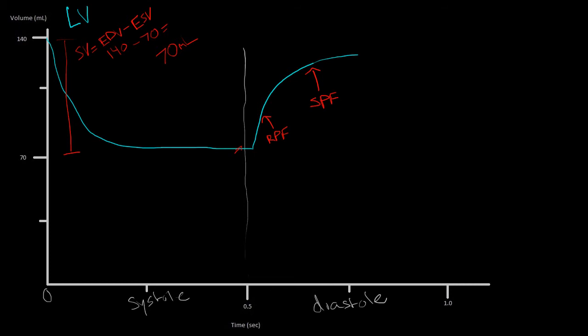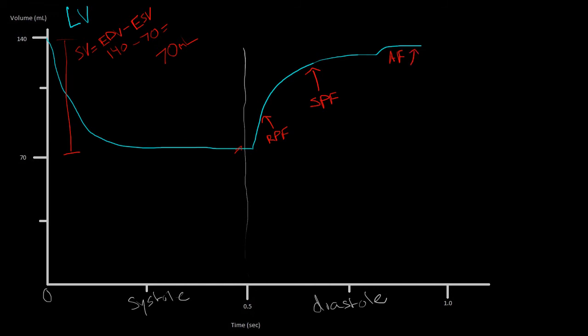And then as we move forward, we finally get the atrial contraction that really doesn't fill the ventricle that much. It just does this little bit of a notch here at the end of diastole, and this we're going to call active filling. Active because the atria is contracting.